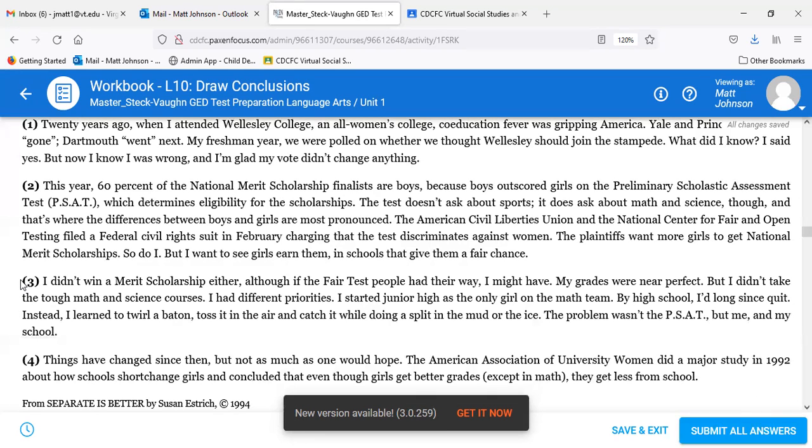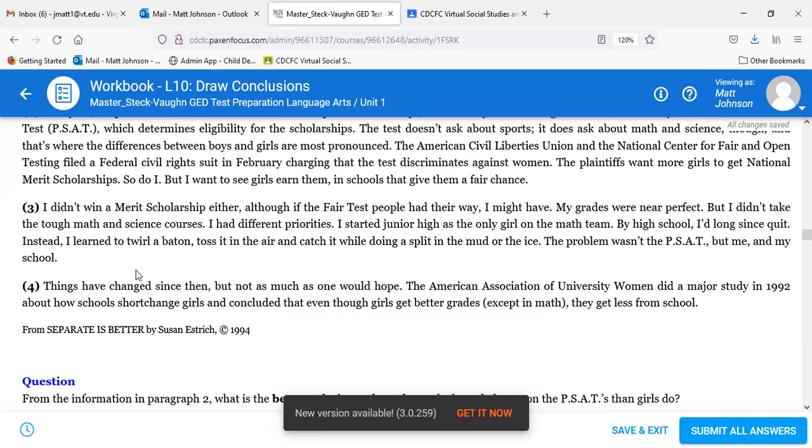The problem wasn't the PSAT, but me and my school. Things have changed since then, but not as much as one would hope. The American Association of University Women did a major study in 1992 about how schools shortchange girls and concluded that even though girls get better grades, except in math, they get less from school.